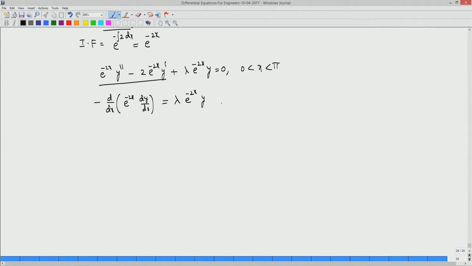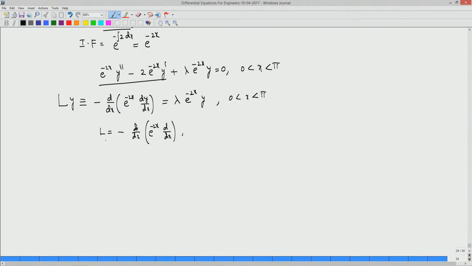So, this is actually your Ly as a definition, where x is between 0 and pi and L is minus d dx of p d dx, with p being e power minus 2x, and q is 0, so we do not write it.